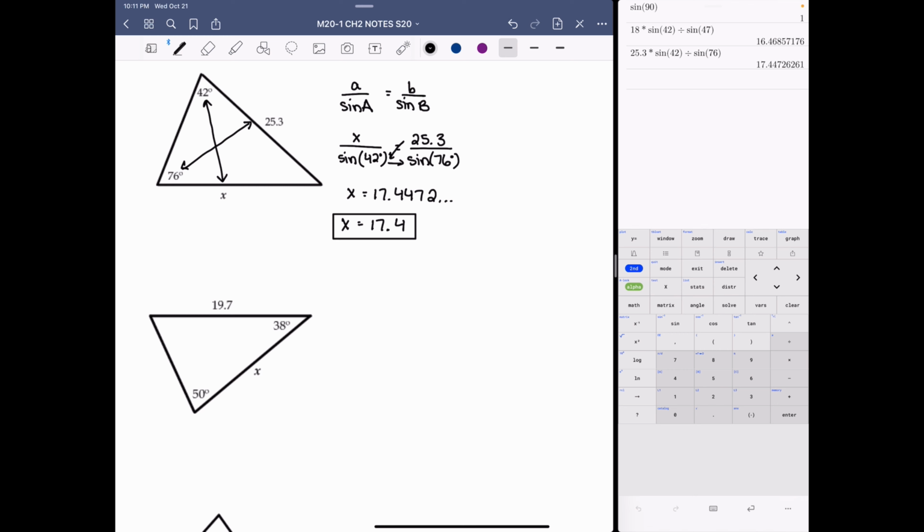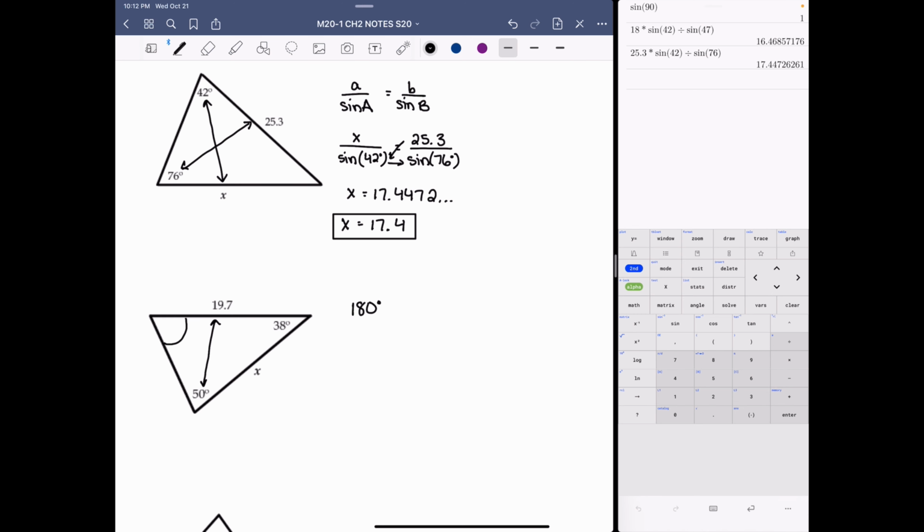The next one, looking for my complete pair, I have the 15-degree angle and the side across from it is 19.7. I'm trying to find x. If I look across from x, I don't have that angle, but I do know the other two angles, so I can figure out that angle. The angles in a triangle always add to 180.